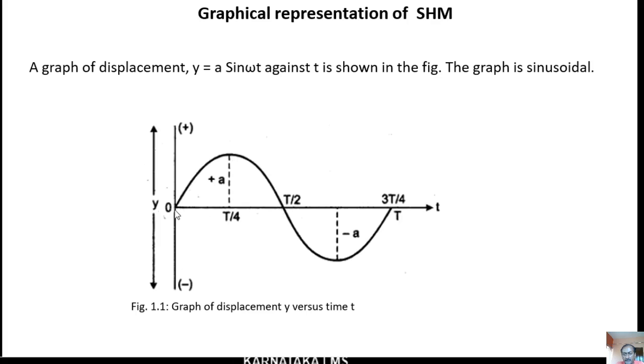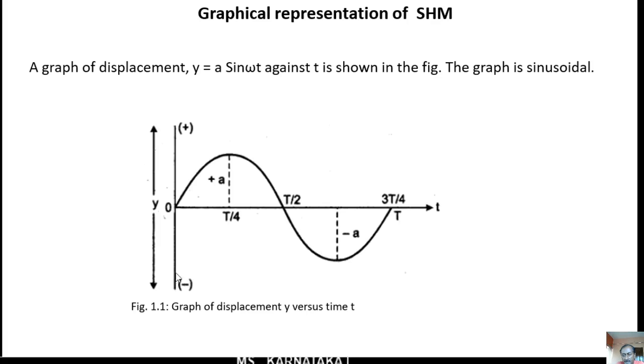Now the particle from the mean position O moves in the downward direction and reaches the extreme point in the negative direction. In the sinusoidal waveform, the curve traces like this from the mean position to the extreme point.